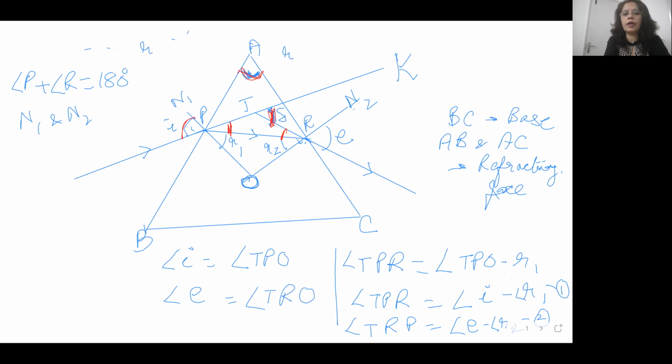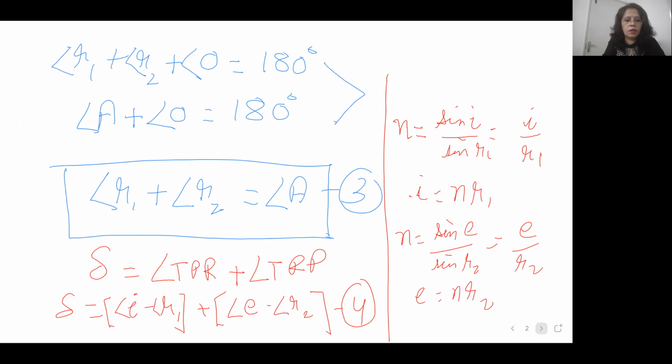Now, what about the angle of incidence? How does the deviation depend upon I? That also we should know. We have to set a value of I for setting up the angle of deviation. We derived on page number 2 that delta is equal to I minus R1 plus E minus R2.